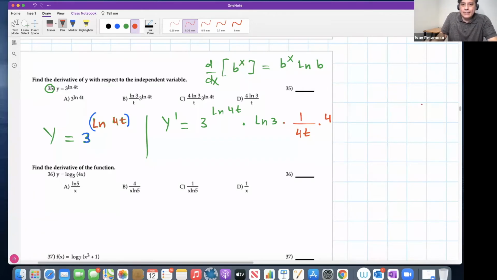So y prime here will be equal to natural log of 3. Let's pull it out, put the constant stuff first, then divided by what? 4t, right? Well, the 4 cancels. Just divided by t.